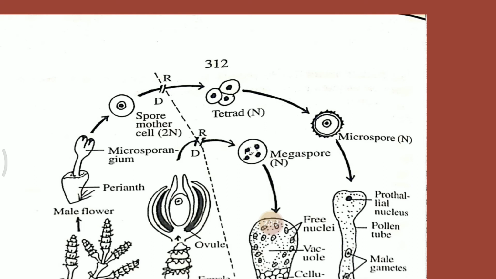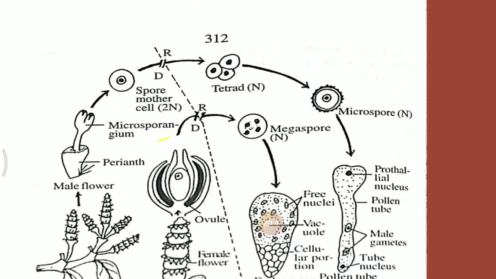Later, the generative cell divides into two cells called male gametes. When the pollen tube approaches the embryo sac, one or two free nuclei enlarge and become egg nuclei. So here in the 2n condition, the spore mother cells are seen. Later they will divide, giving rise to the spore in the trinucleate condition.